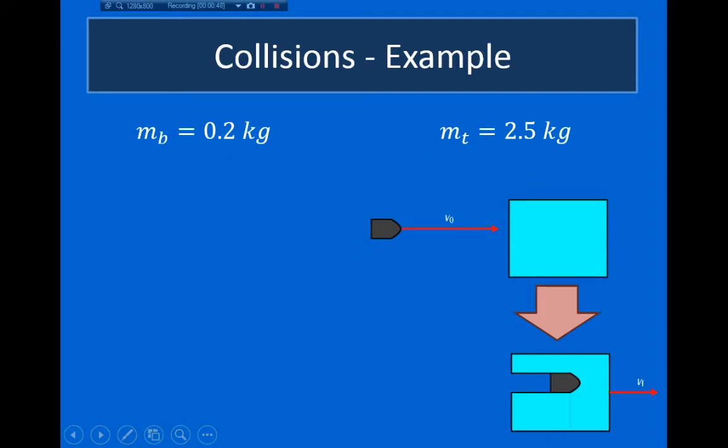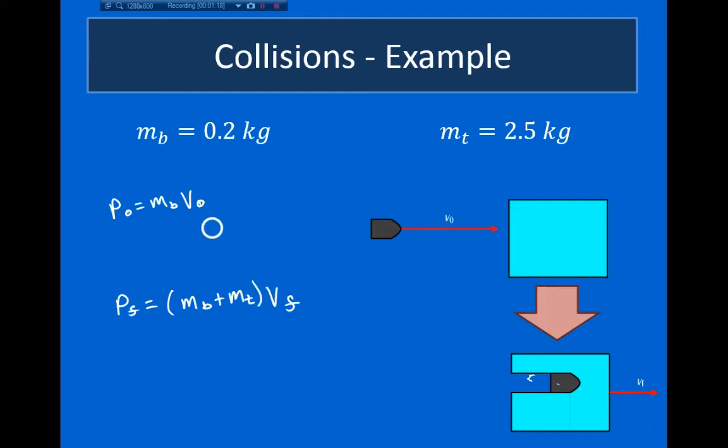Initially, before the collision, the only thing that's moving is the bullet. So the initial momentum is equal to the mass of the bullet times the initial velocity. After the collision, the bullet is embedded inside the target, so the bullet and the target will be moving together with the same final velocity. So the final momentum is equal to the total mass of those two things, the mass of the bullet plus the mass of the target, times the final velocity.